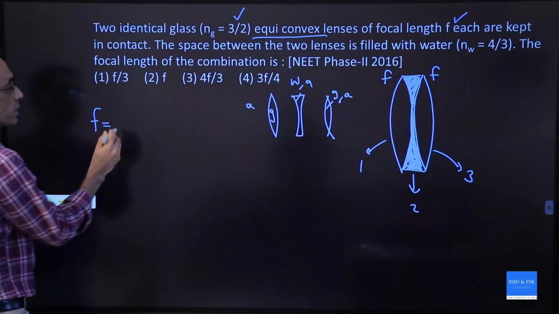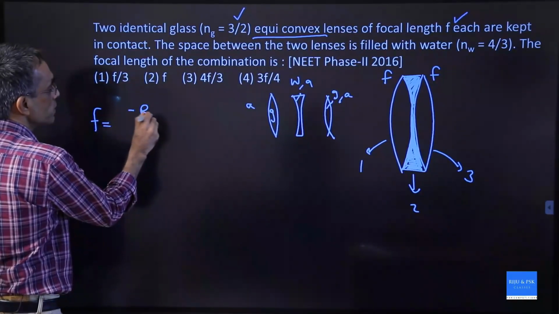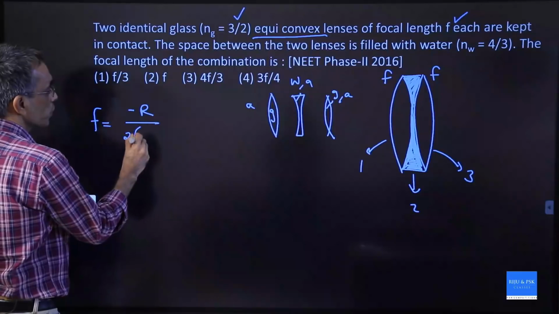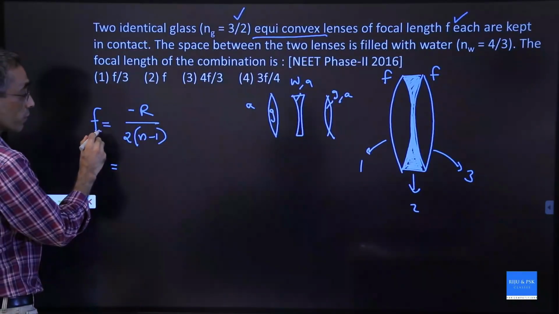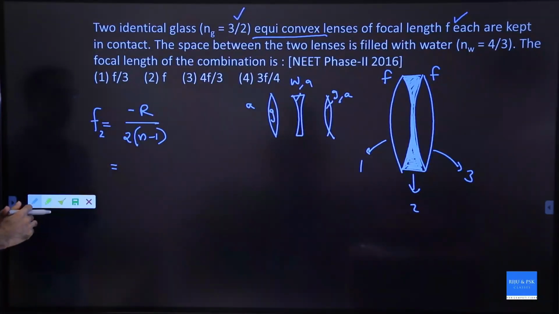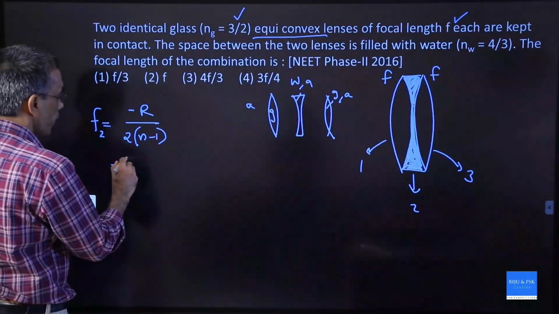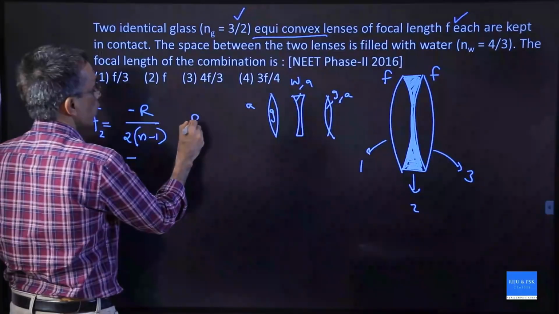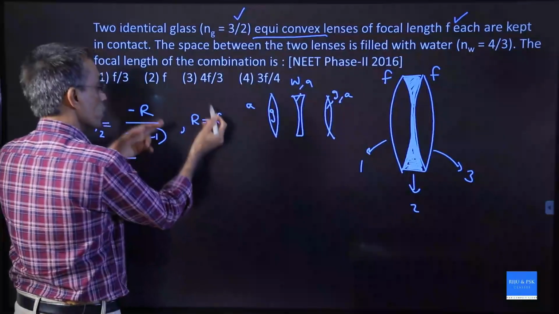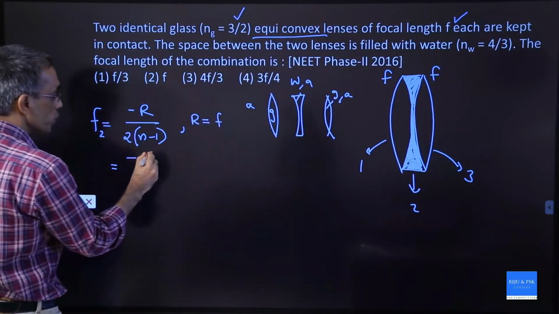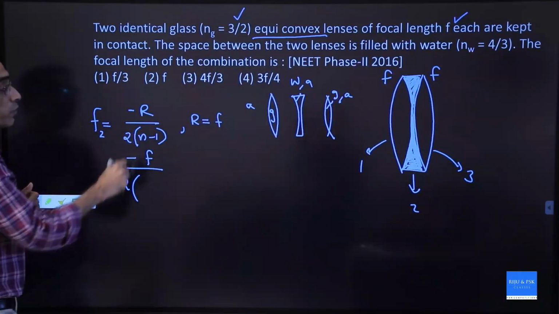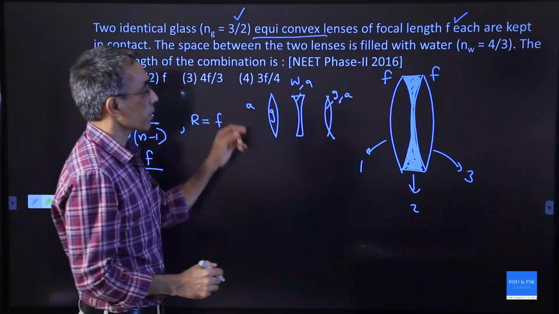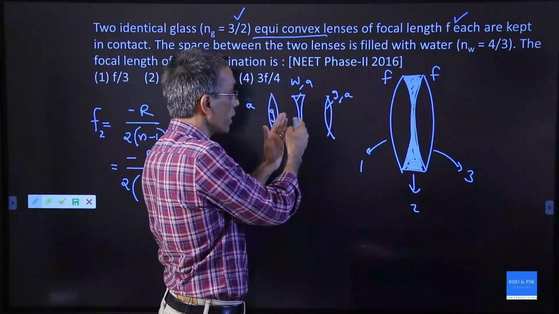For the concave lens, the equation is focal length f2 = minus r divided by 2 into (n minus 1). This is equal to minus, we know r is equal to f, we proved that in the previous section. So, I can substitute that here: f divided by 2 into (what is the refractive index of water). See, I am talking about a water lens in air.